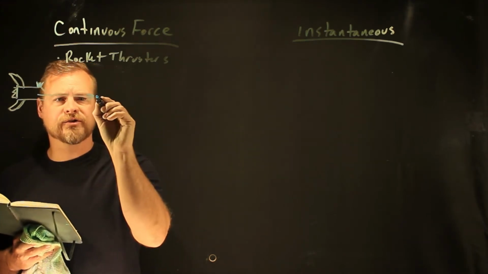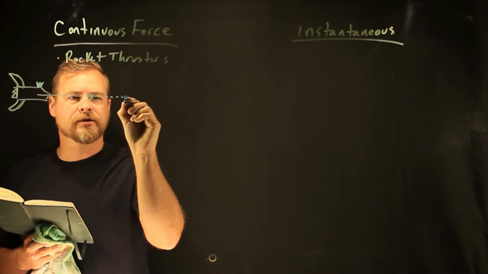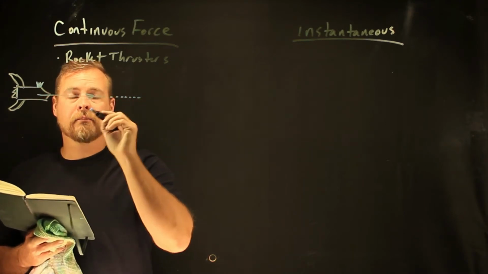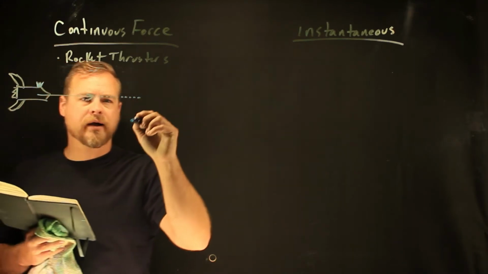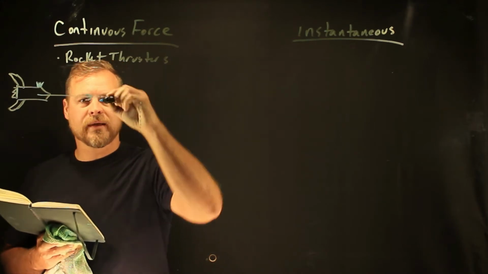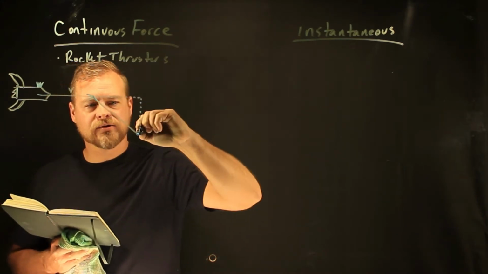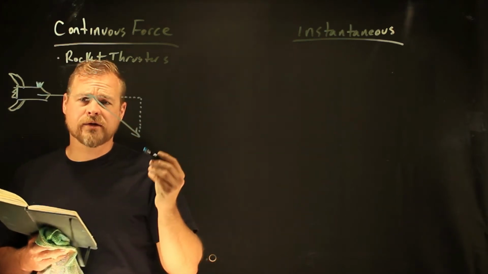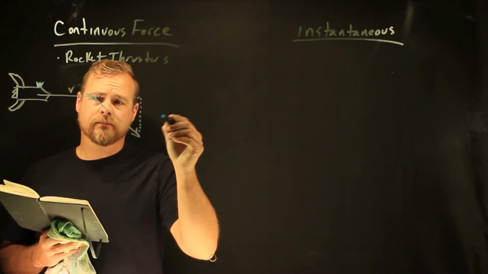Now the law of inertia says that the rocket will continue to move forward, but we've added the rocket thrusters perpendicular to that motion. And so it will now be this direction. The rockets are still burning, right?